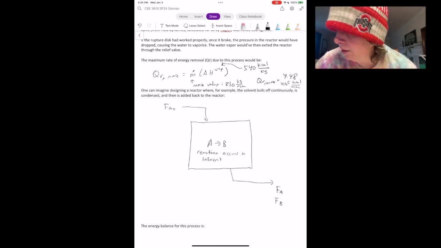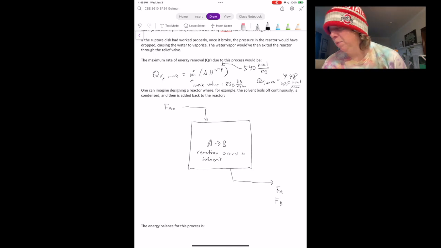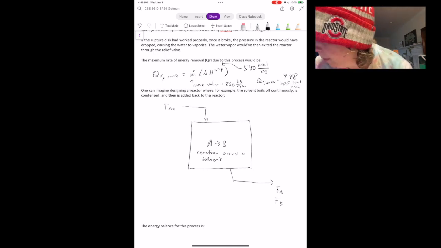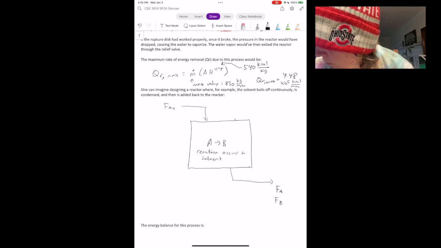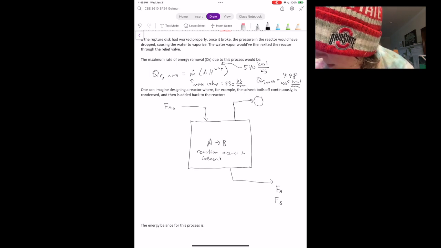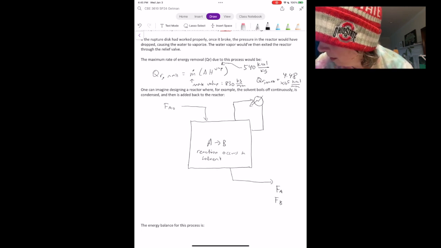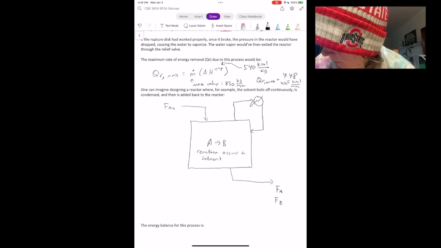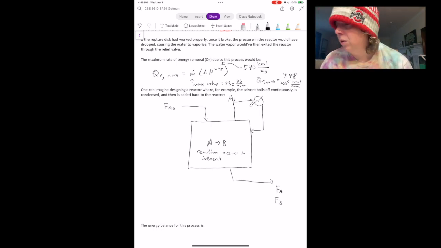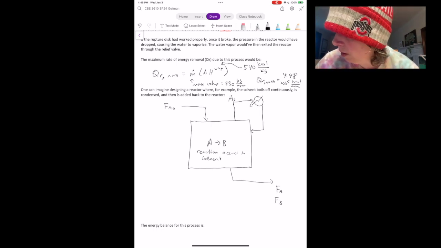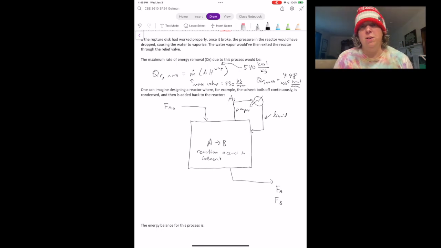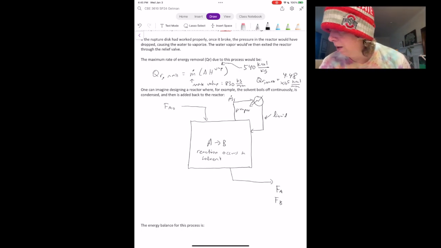Maybe there's some solvent coming in with species A and flowing out with species A and B. Another stream that we might have in this example is the solvent exits the reactor, is condensed, and comes back. So we have some solvent flow rate. Here the solvent is vapor. Here it is liquid. So the heat exchanger is basically condensing that solvent.